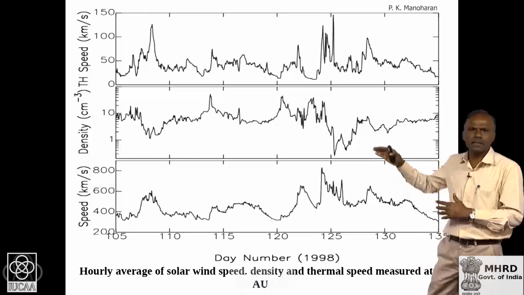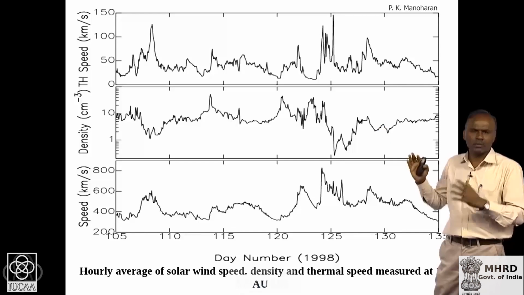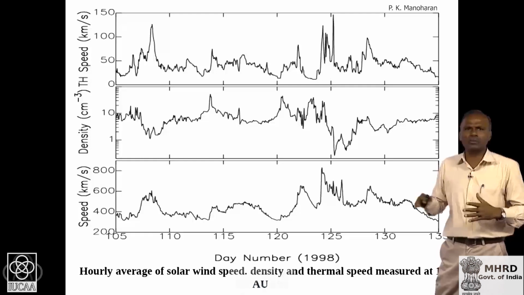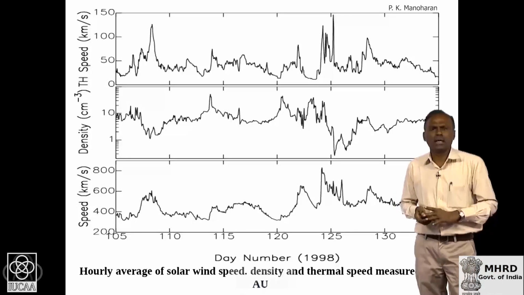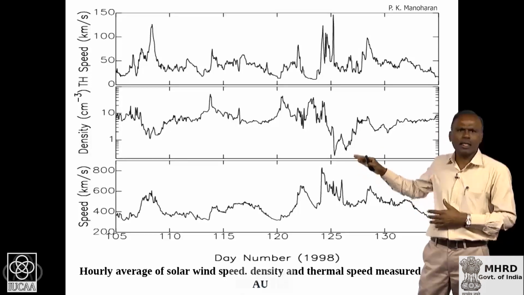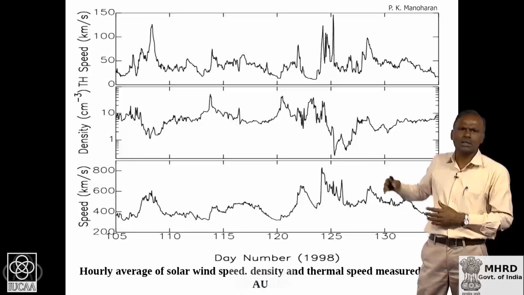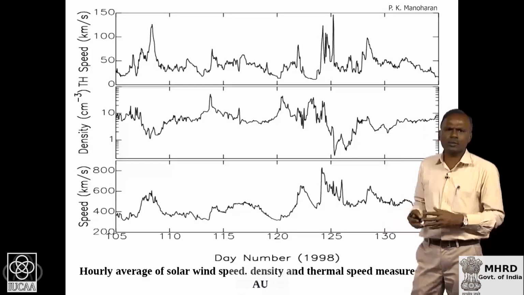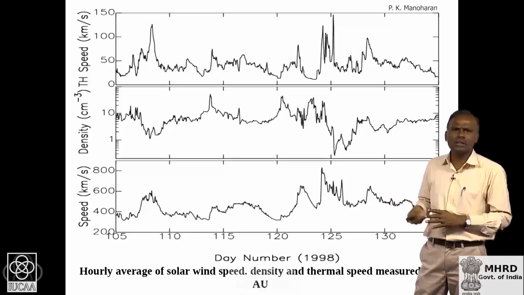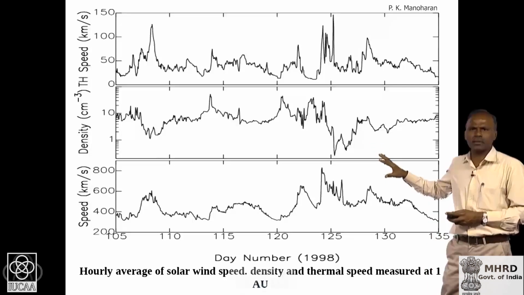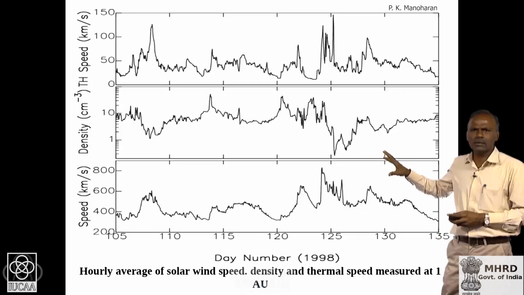We can see the thermal speed of the solar wind, which typically goes from something like 25 kilometers per second to 130 kilometers per second, and the density varies from less than a particle per cc to something like 50 particles per cc, and the speed goes from 300 kilometers per second to 800 kilometers per second. The 800 kilometer per second speed is associated with the coronal hole region.